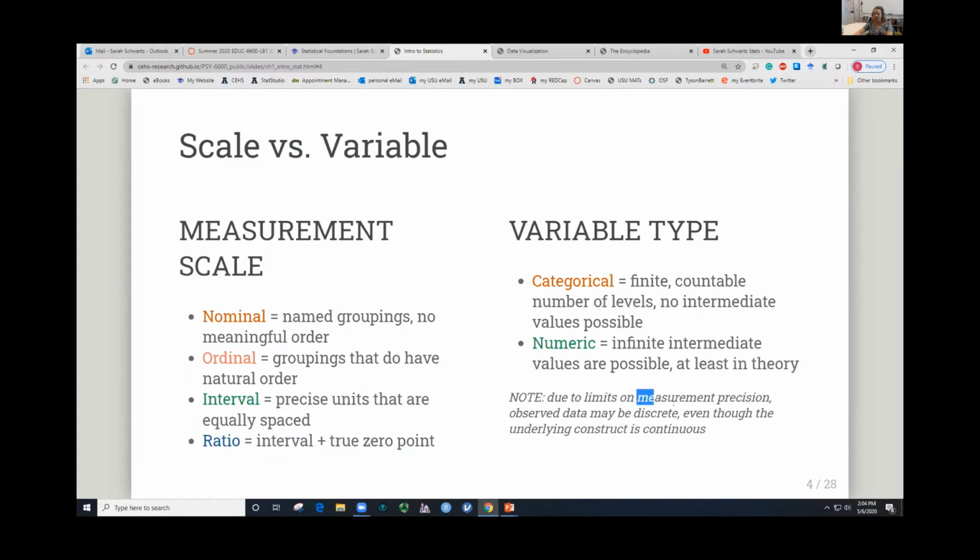And this is the thing with age, this note down here: even if something we're trying to measure is truly continuous in nature, we only have the ability to measure it in discrete or whole numbers or different units. The same thing happens in psychology with depression. A lot of times we want to measure how depressed someone is and monitor that over time. How do you capture that? This is a really big issue in social sciences.